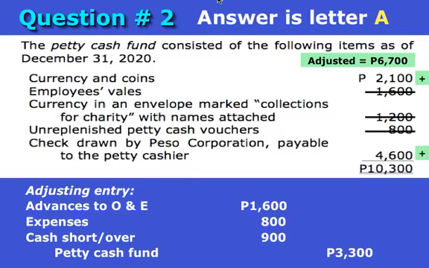Next, number 3, BPI current account. Start from unadjusted. Refer to the trial balance.